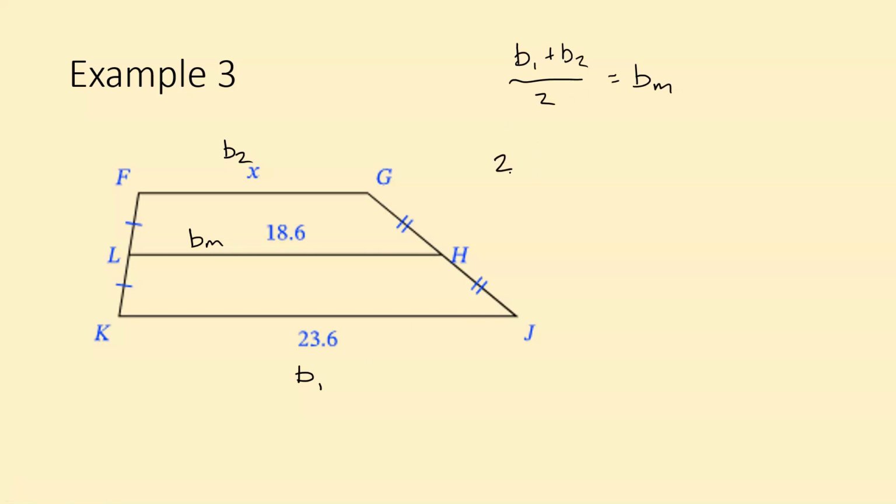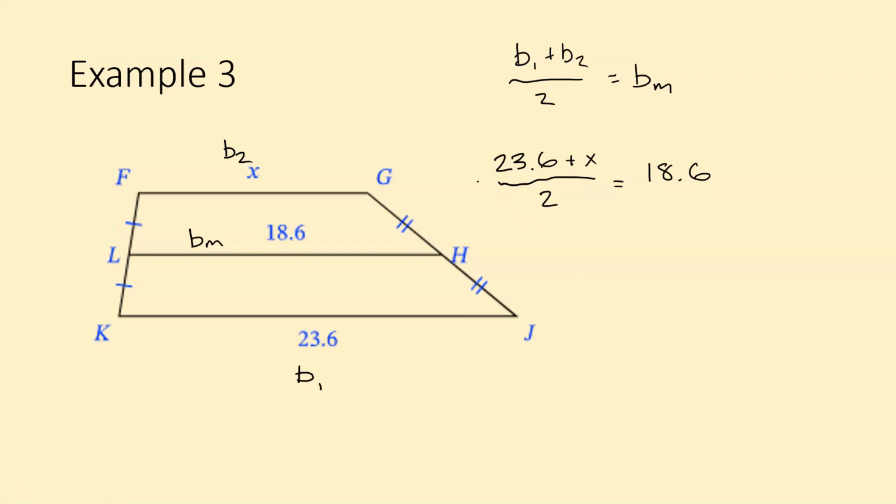So we got 23.6 for B1, X for B2, divided by 2 equals 18.6. And now we have something that we can solve for X.